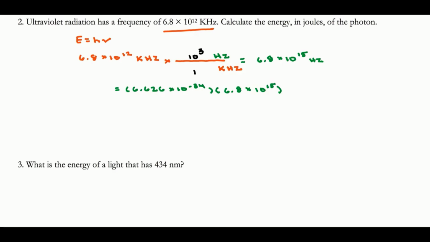The unrounded value that I get is 4.506 times 10 to the -18. Now I need to round. Keep in mind, 6.8 has 2 sig figs, 6.626 has 4, so I'm going to want 2 significant figures. So this is going to round to 4.5 times 10 to the -18. And since it's energy, my units are going to be in joules.